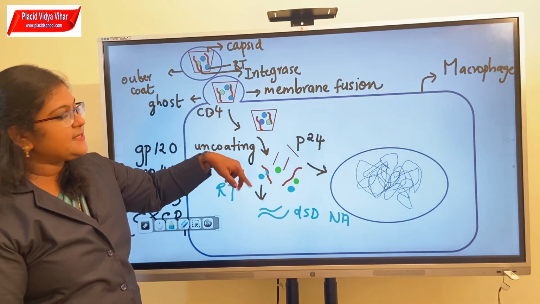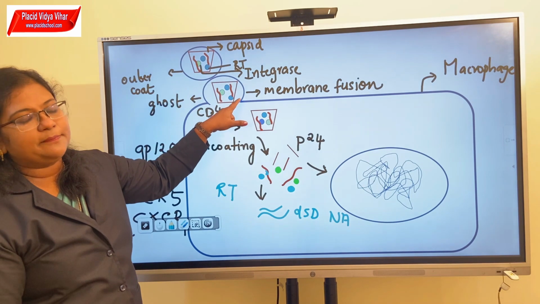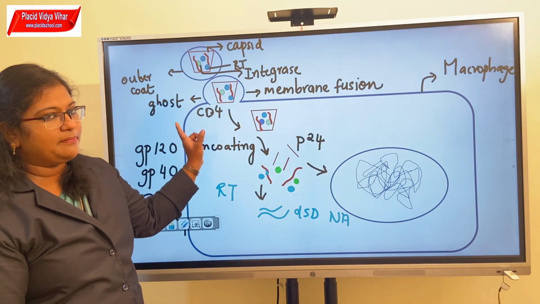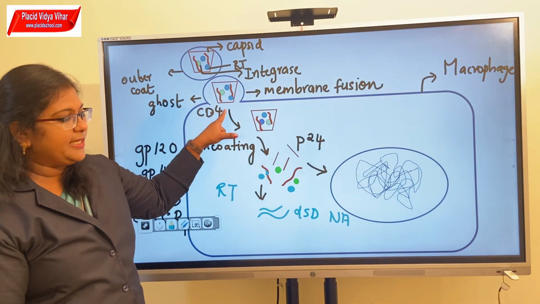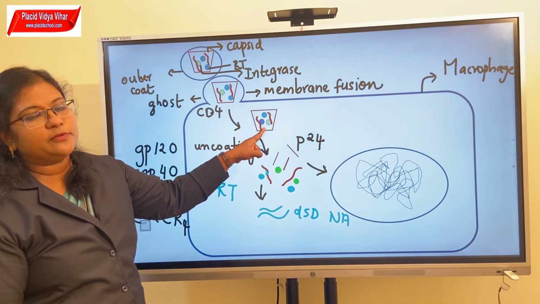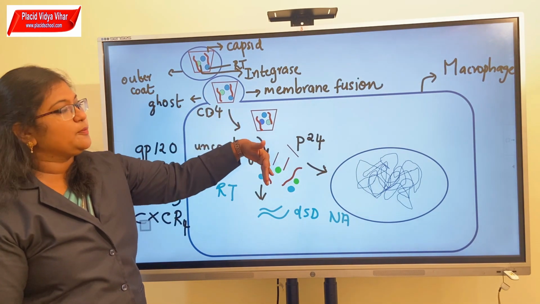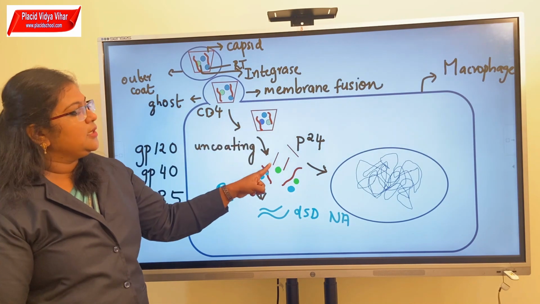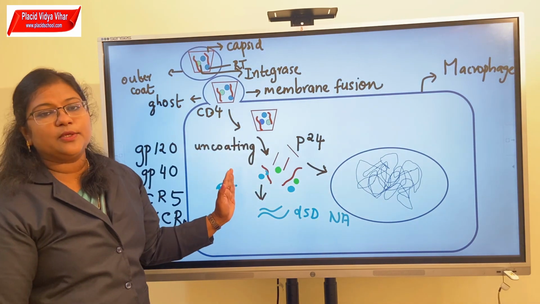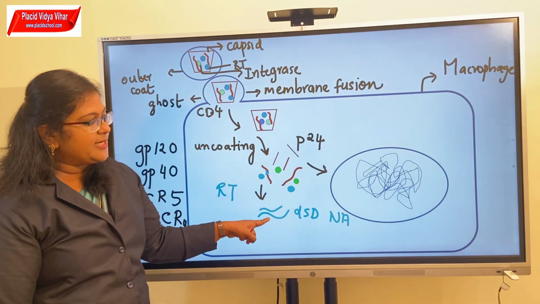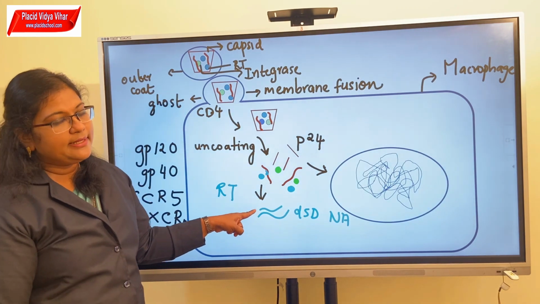So this is the process. The virus using its membrane will dock to the surface by binding of glycoproteins to the CD4 receptor. Then the capsid will be passed into the cytoplasm of the host, and this will disintegrate, releasing the viral genome. The RNA of the virus will be converted to double-stranded DNA.